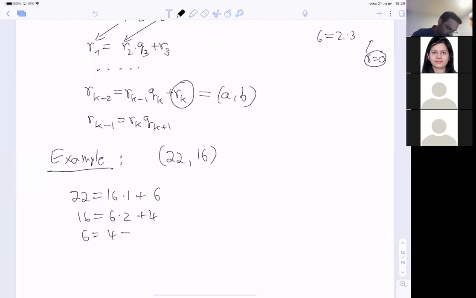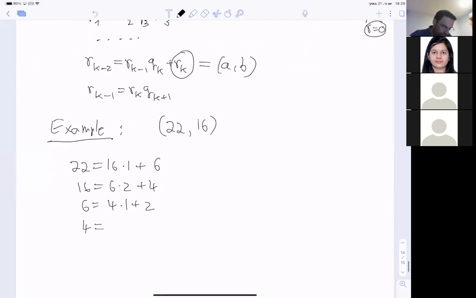So this is 1 times 4 plus 2, and 4 is 2 times 2. So this is the GCD. But we haven't seen yet how to construct from this the integral combination K1 and K2.